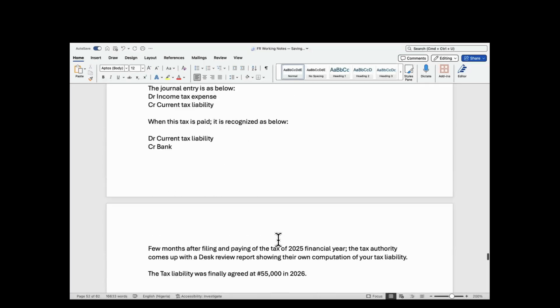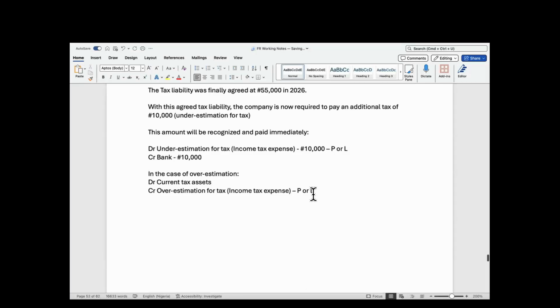Now, I need you to have something at the back of your mind. This is really important. Let me write it in red. This is very important. So, note.